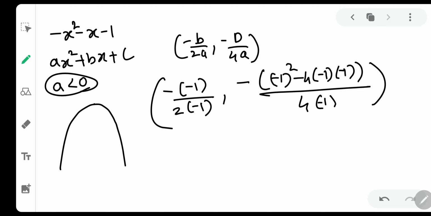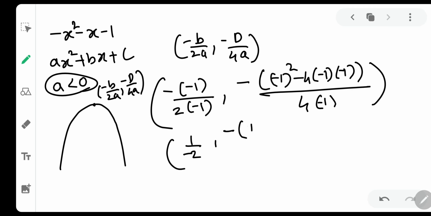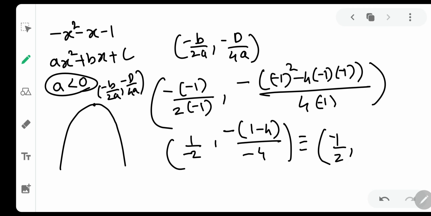As everyone knows, this particular point, minus b by 2a and minus d by 4a, is the apex point. So it will be 1 upon minus 2, and over here 1 minus 4 upon minus 4. Ultimately it is turning into minus 1 by 2, and minus 3 upon 4.